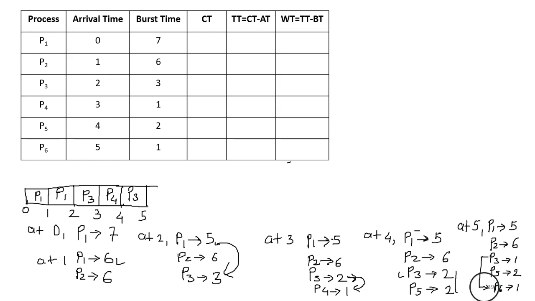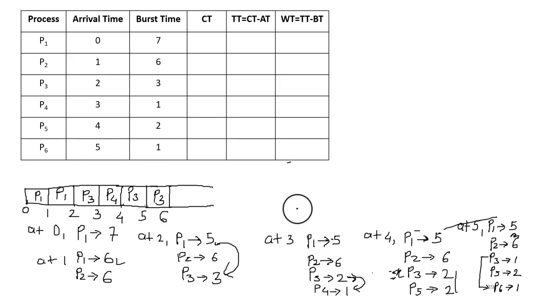Again there is a tie between process P3 and process P6 as far as the CPU burst time is concerned, and here priority will be given to the P3 because P3 comes first. So P3 will continue to execute for time 1 unit.